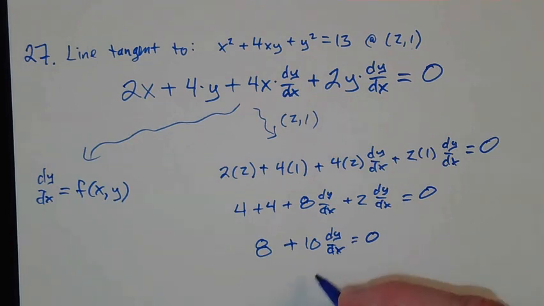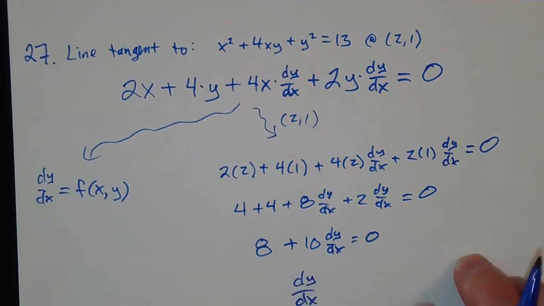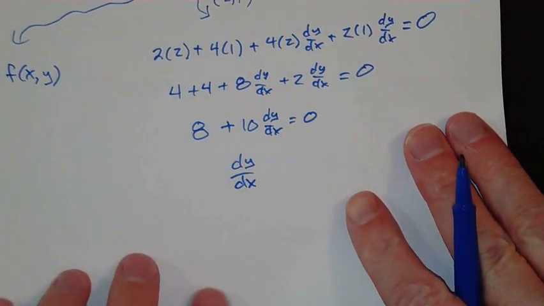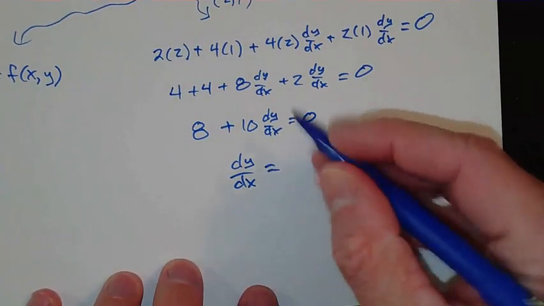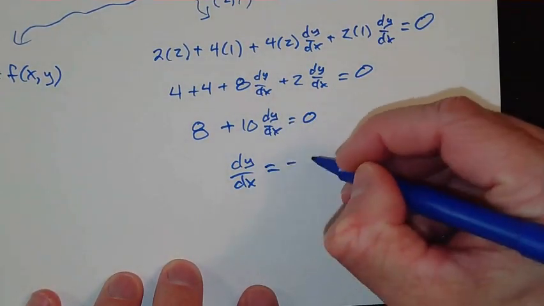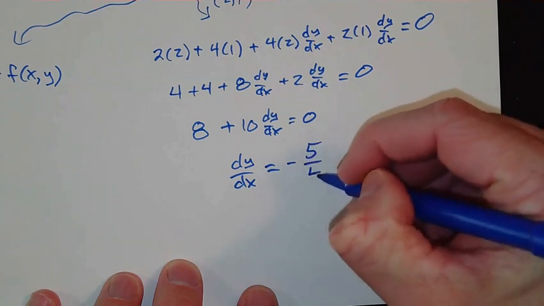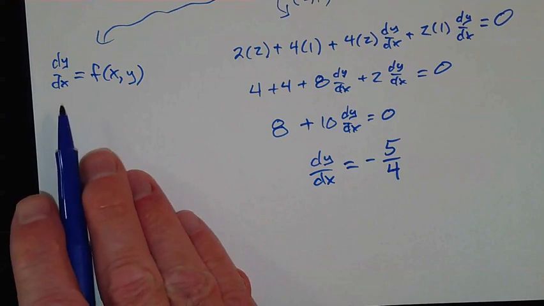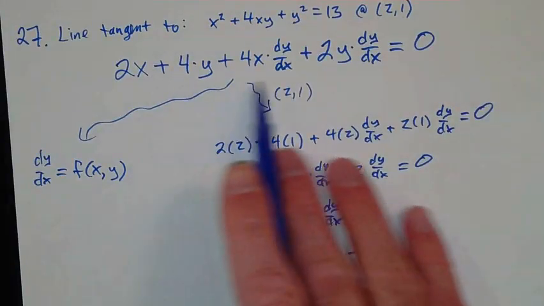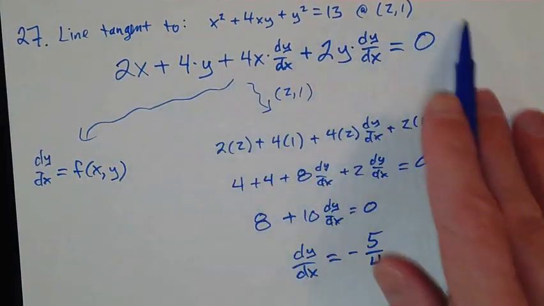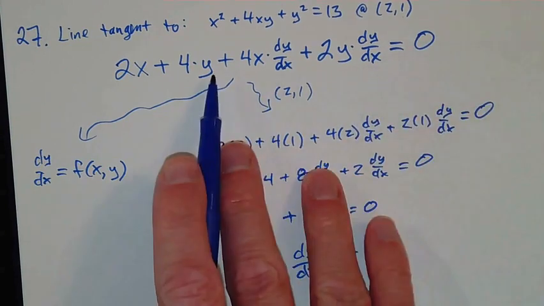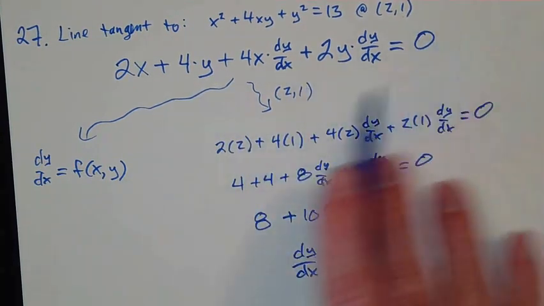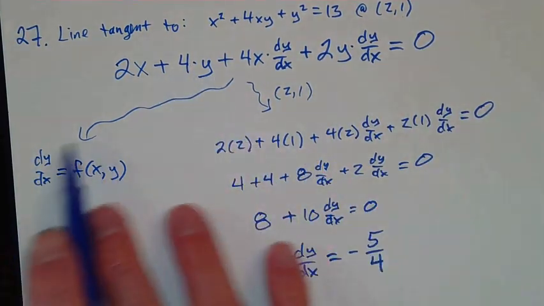I'll subtract 8 from both sides of the equation and divide by 10 to get dy dx is equal to negative 10 over 8, which reduces to negative 5 over 4. Now, if I had solved for dy dx, moving all the dy dx's to one side, factoring them out, and dividing over to the other side, I would have an expression here.